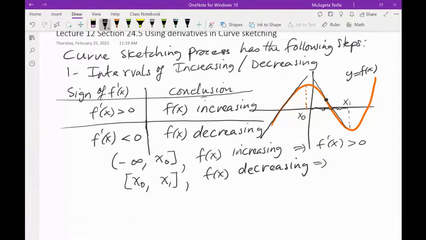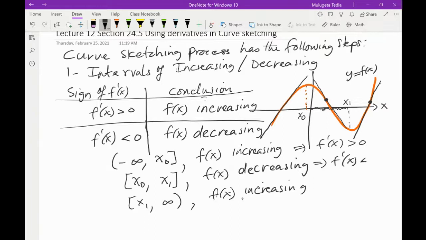From x1 up to the right side, infinity, f of x is again increasing. Take a point here, take a tangent line, that is a positive slope line, so it is increasing. Decreasing means the derivative is less than 0.